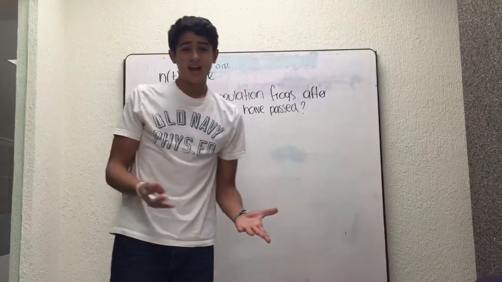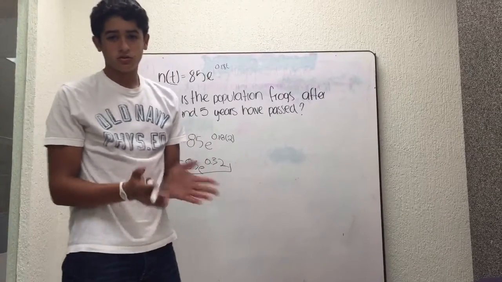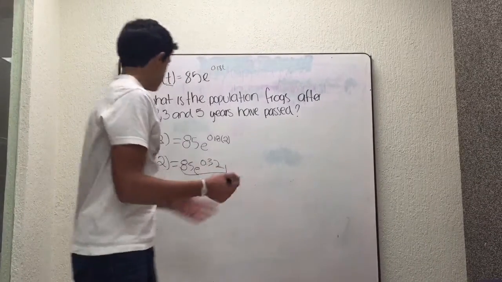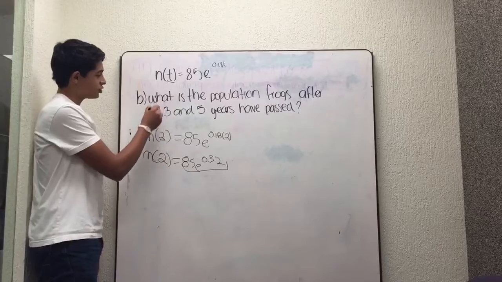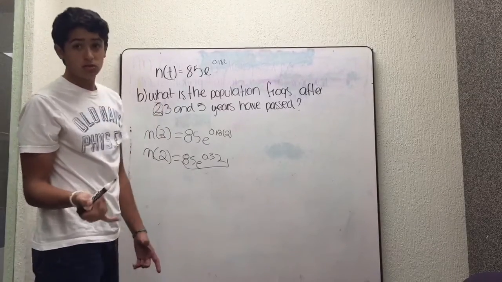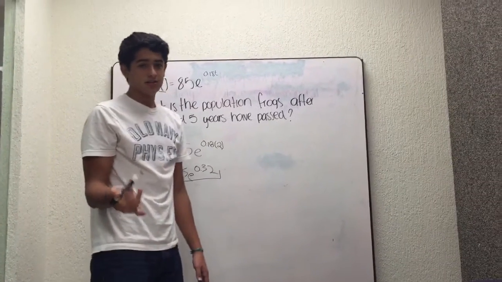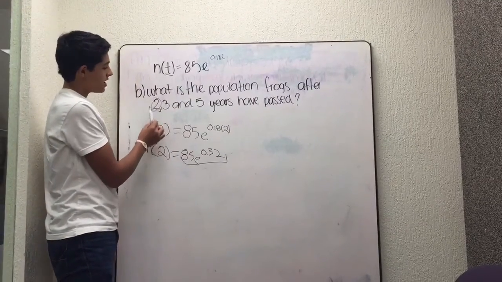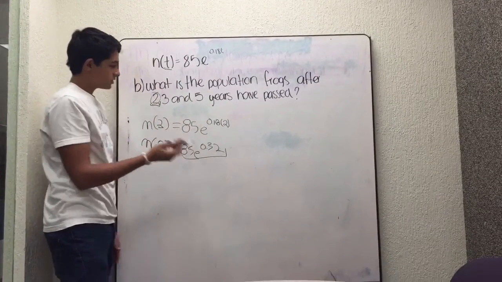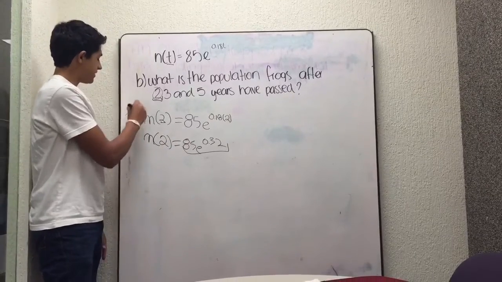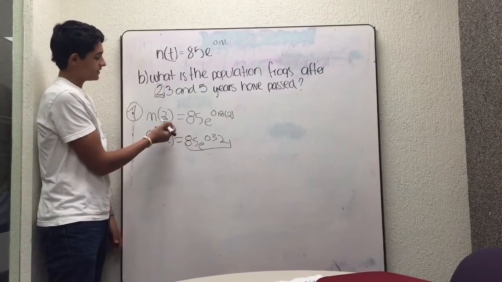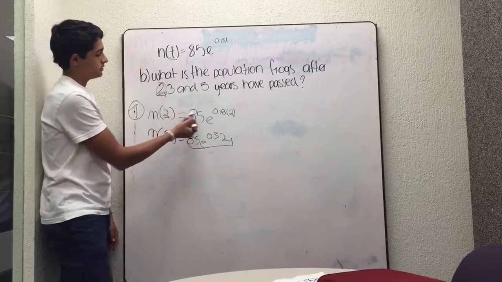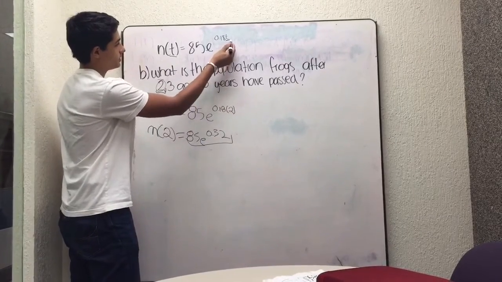As my partner Karen had said, we need to solve the problem of how many frogs there will be after 2 years. So we need to substitute t, because it's the time, by 2, and after by 3, and after by 5. The first step is to substitute the 2 for t.